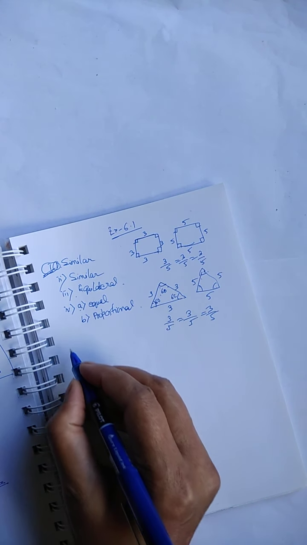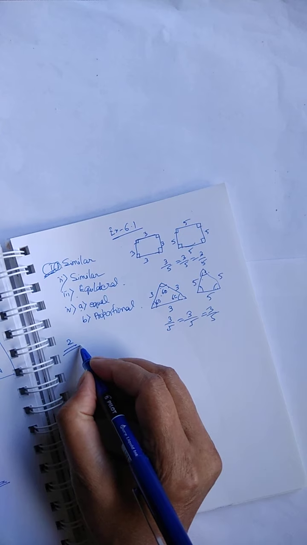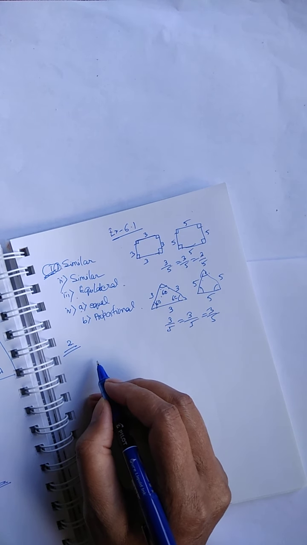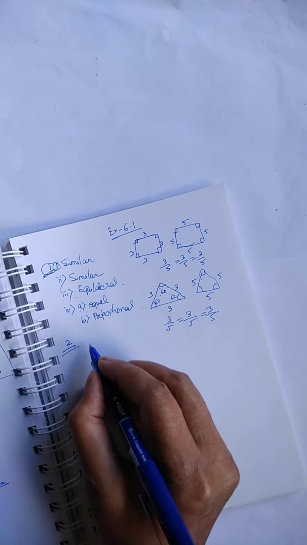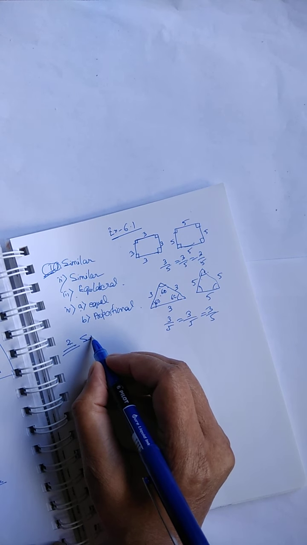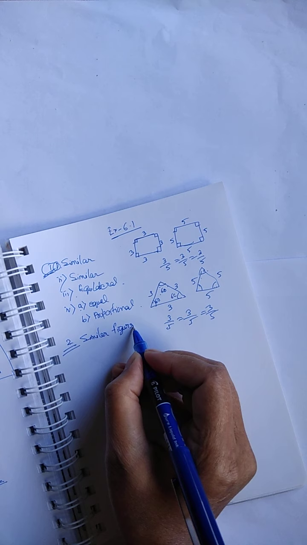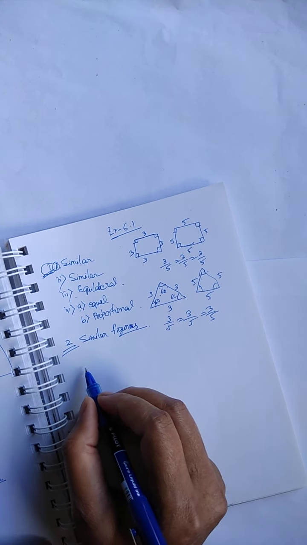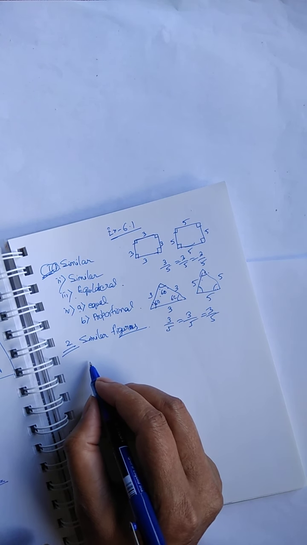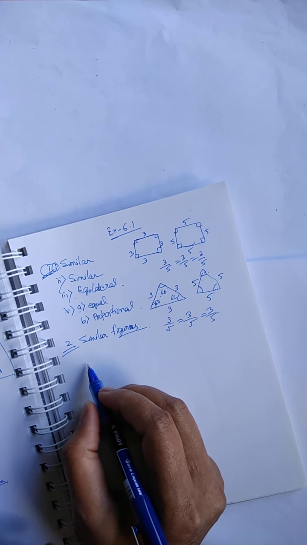Now the second question: give two examples of pairs of similar figures. So what are similar figures? Similar figures have corresponding angles equal and corresponding sides in the same ratio, correct?